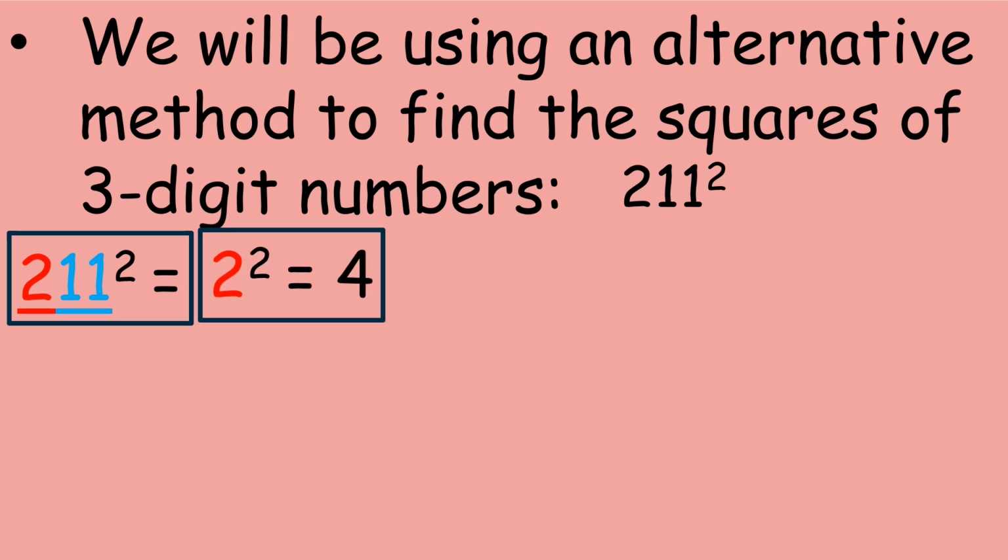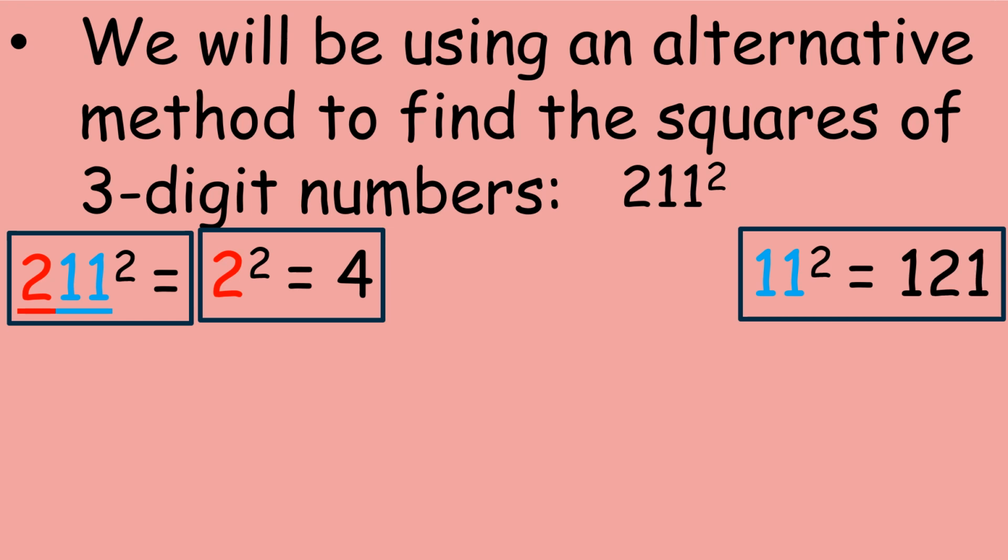So we'll first square the 2, that is 2 times 2, and that gives us the first term, which is 4. Then we will also square the second term, which is 11 squared, and 11 times 11 is 121.